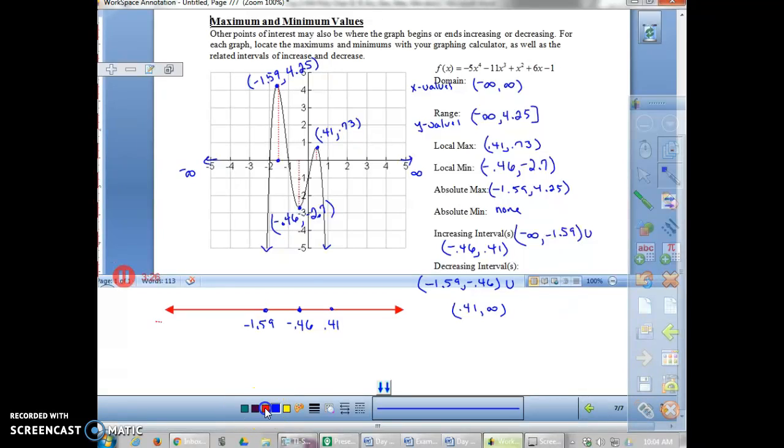So let me highlight what I was doing. It's this x here, and then I go to the next local min or max, whatever you're finding next, and then that's going to be this x here, and then this x here.